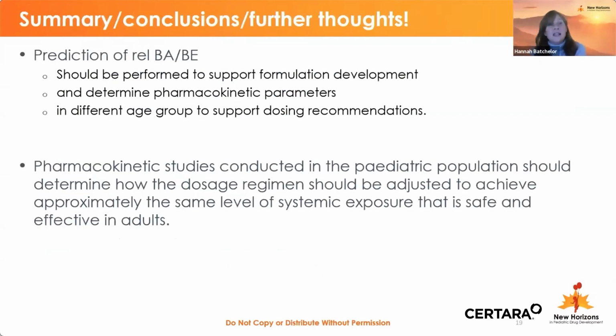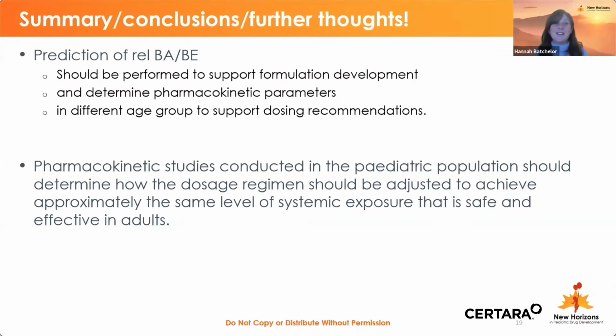I've just put together some summary conclusions and further thoughts. Like I say, this was a lot of information packed into a short time, so I'm really happy to present this, and I'm hoping there'll be questions. We're really using the prediction of relative bioavailability or bioequivalence to support formulation development. So should we be creating the formulation and proving bioequivalence, or using that data to inform our formulation?